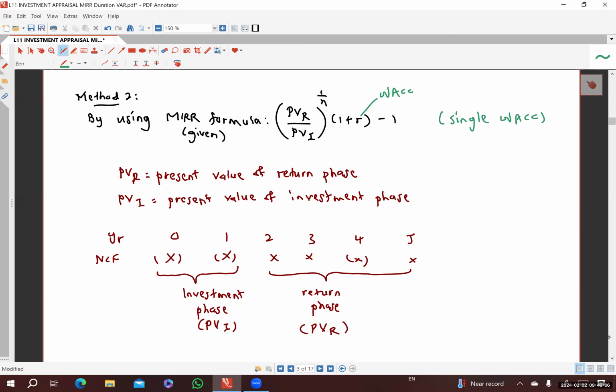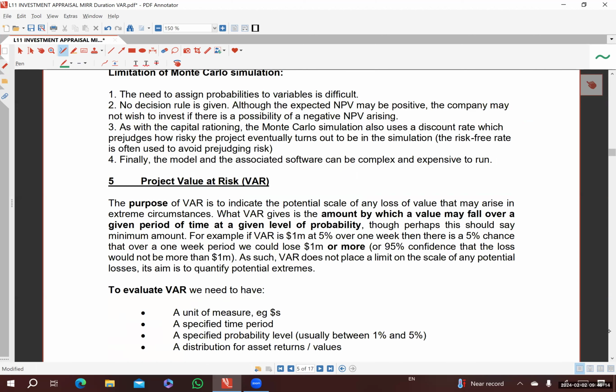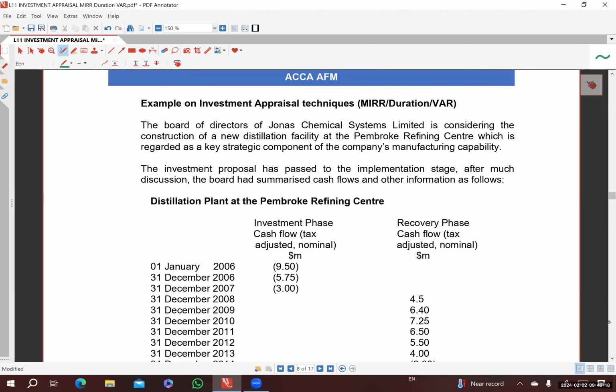Now let's illustrate this with one question. We're going to take this example here. The board of directors of Jonas Chemicals is considering the construction of a new distillation facility at Pembroke Refining Center, which is regarded as a key strategic component of the company's manufacturing capacity.